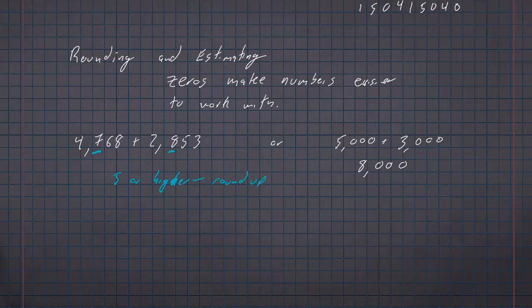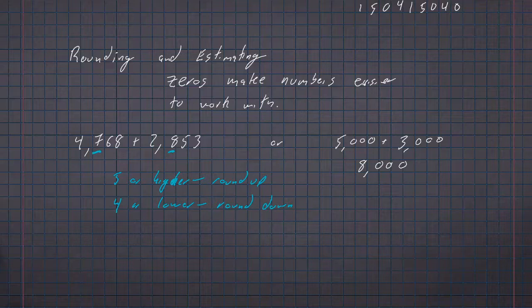If that digit is a 5, 6, 7, 8, or 9, you round up, as I did in this case. If that digit is a 4 or lower, you round down.